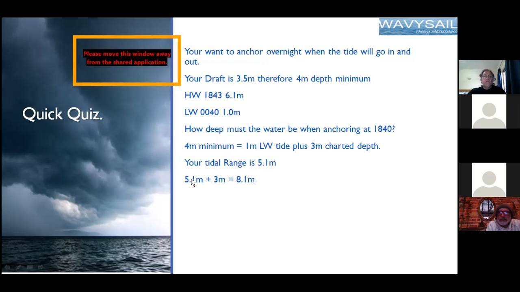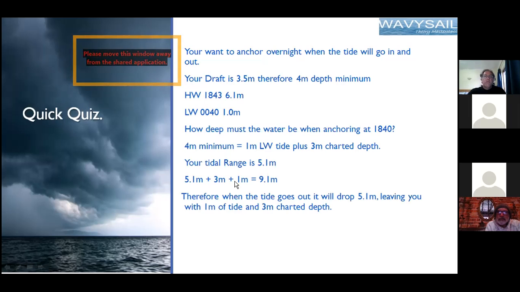So we'll want 5.1 plus 3 meters, 8.1, plus 1 meter for our tide. Gives us 9.1 meters that we will want in the end. That means when the water drops 5.1 meters, it still leaves you, sorry, I've got a 3 there, it should be a 4 meters of water.